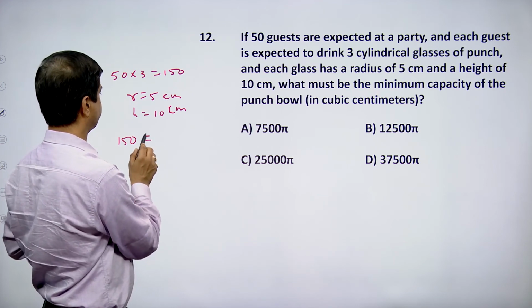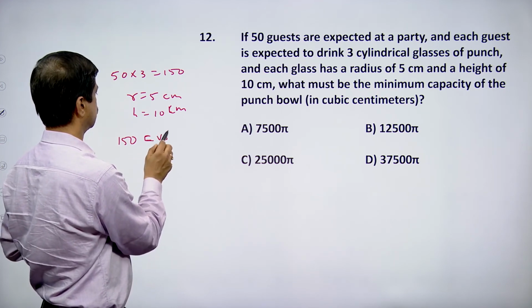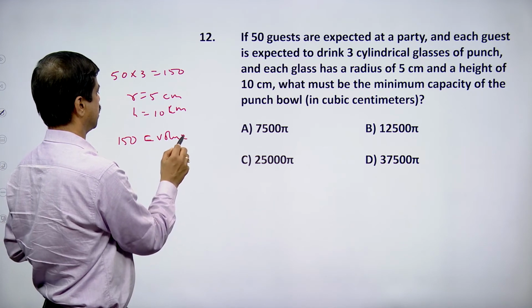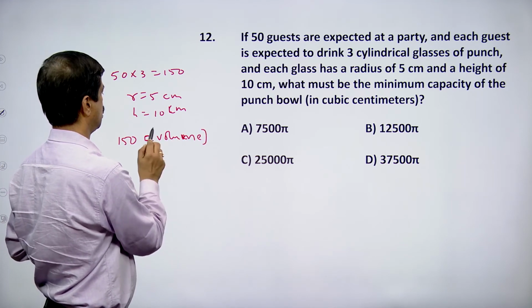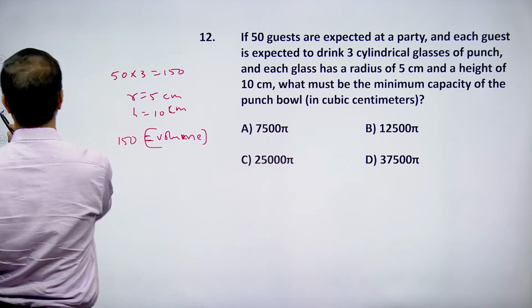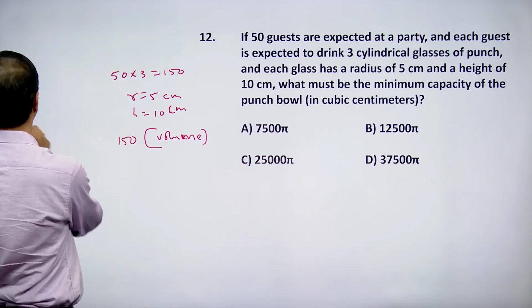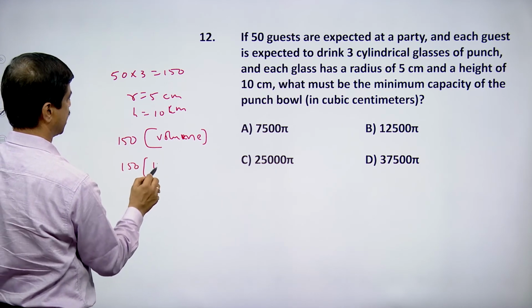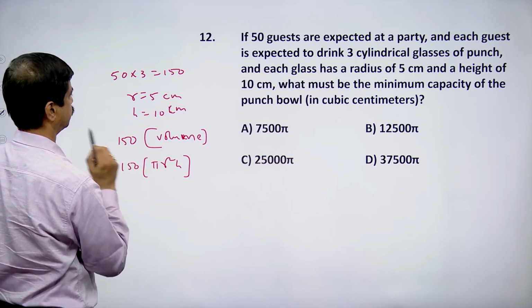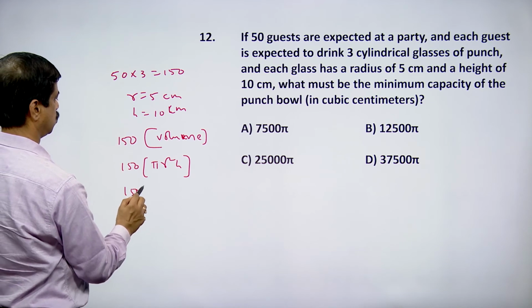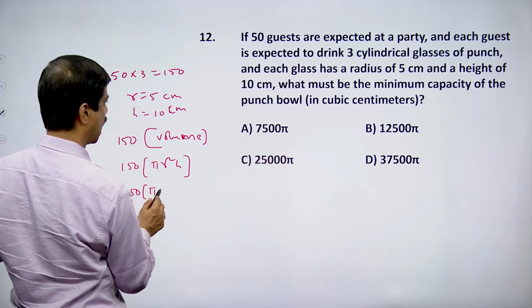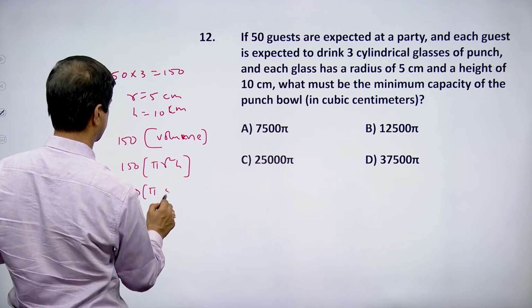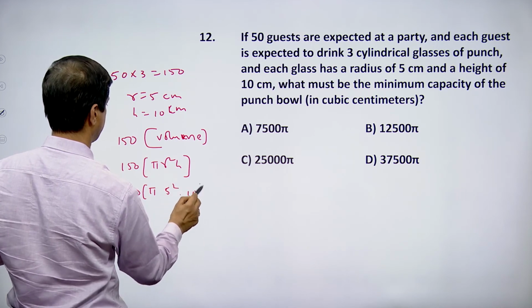So 150 into volume of each glass. Now 150 into volume is what? Pi r square h. R square means what? 5 square into h is 10.